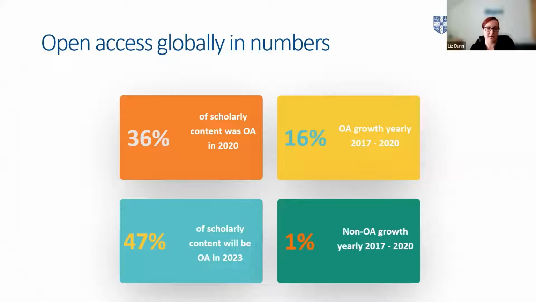A lot of that increase has actually been driven by the COVID pandemic and a drive to make more research widely available. It's compared to a 1% growth over the same time period for non-open access articles. And it's predicted that by the end of next year, around 47%, so nearly half of all content will be published open access.